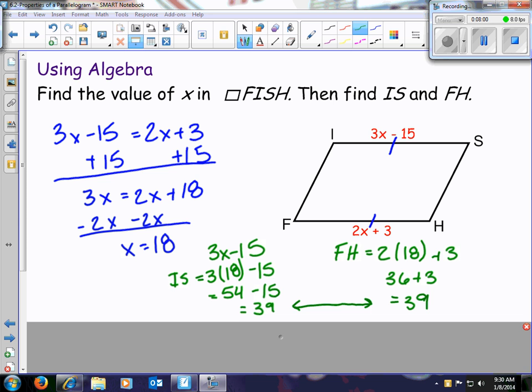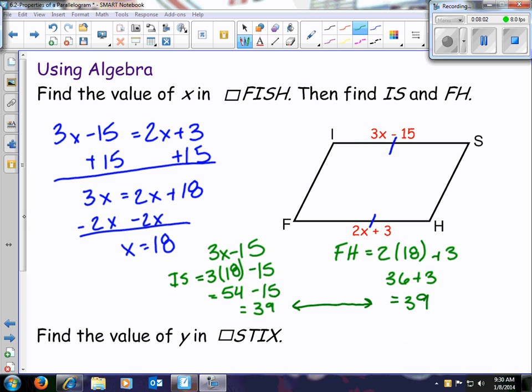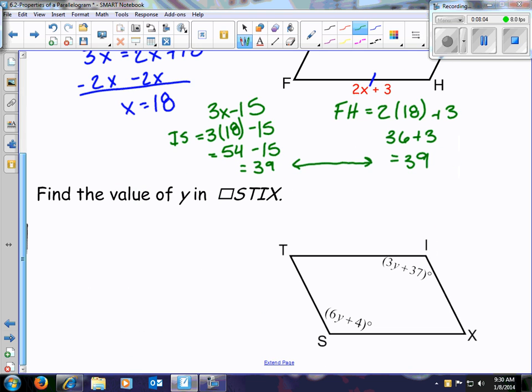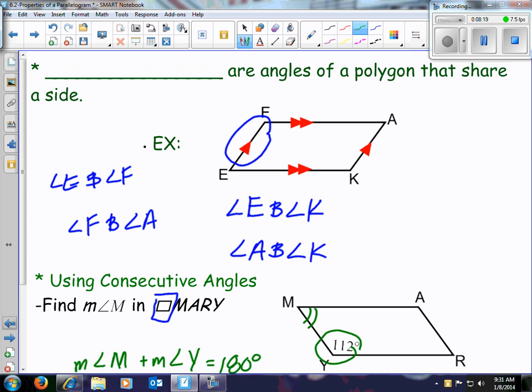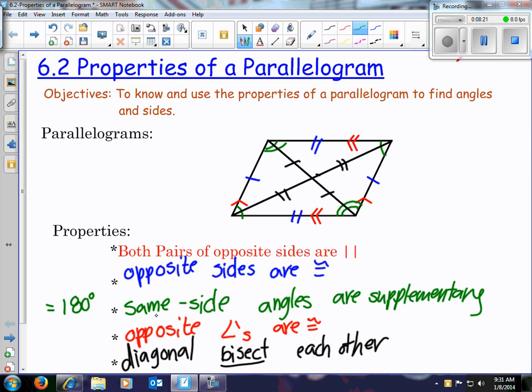Alright, now let's move to the next problem. We are going to find the value of y in parallelogram STIX. Now, we know that opposite angles of a parallelogram are congruent. Again, we figured that out a couple pages ahead. We figured that out right here.